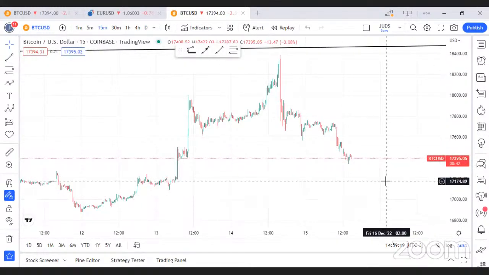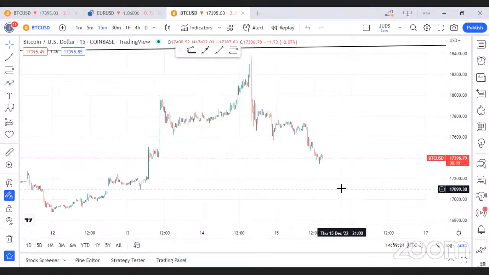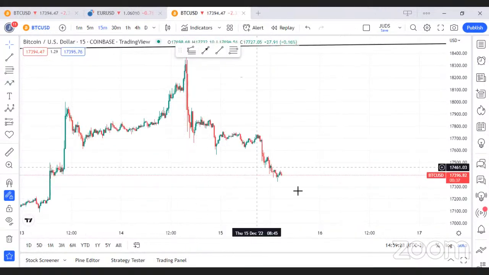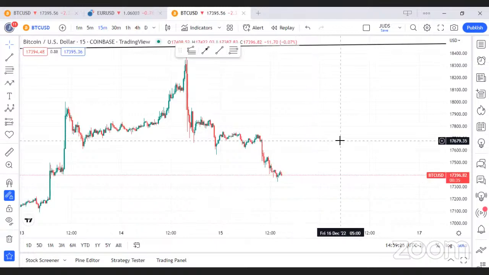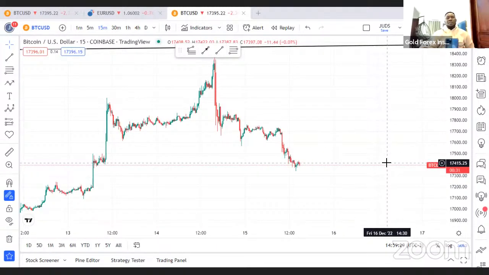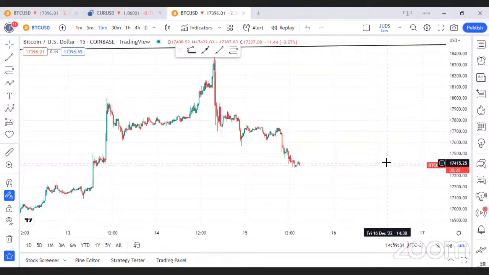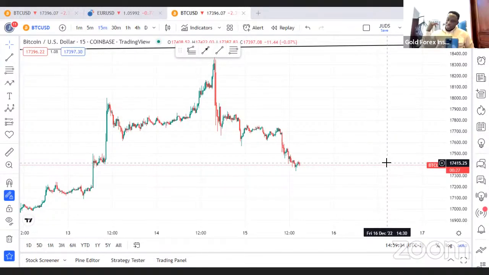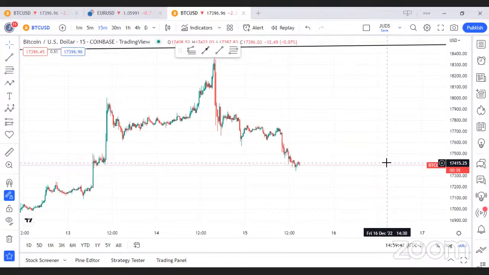So flags. My favorite entries are flags. If I miss this entire move, I'm not worried at all. I'll just wait for a clear flag. I tell people that flag is the ultimate. Those Elliott wave corrections, they are the secret. Once you see your trend, you see the Elliott wave corrections, you hit the trigger.